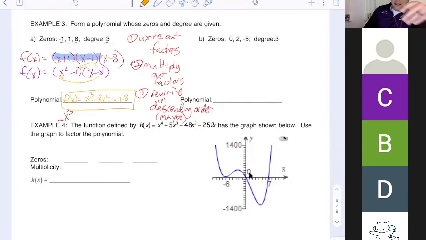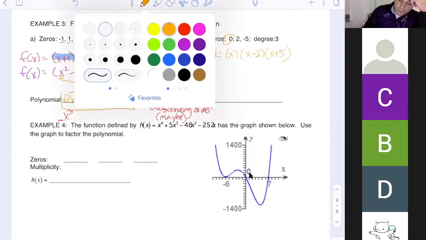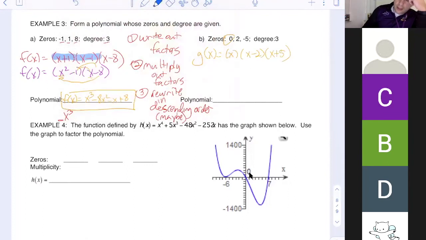Okay, looking at B, this sometimes confuses students when they say that the 0 is 0. Well, if you think about it, x minus 0 is just x. So if I'm going to rewrite this in polynomial standard form, this is just going to be x times x minus 2 times x plus 5. And again, with multiplication, you could do it in any order, but it makes sense to do these two first because then I could just distribute x at the end, which is much easier.